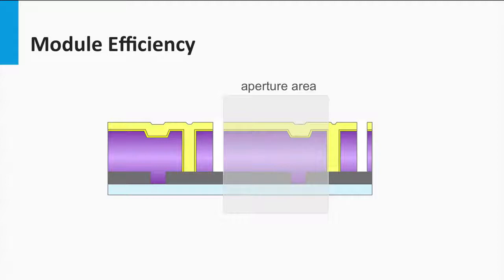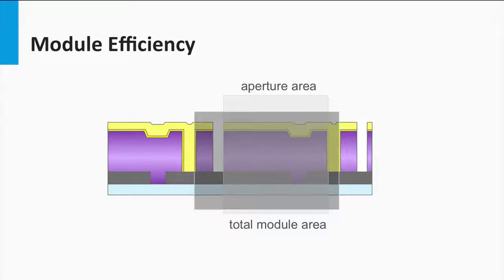The record efficiencies of modules are significantly lower than for the lab-scale cells. Defining conversion efficiencies, we have to make a distinction between two types of numbers. The aperture area, which means that only the area of the PV active part is considered when the conversion efficiency is considered.